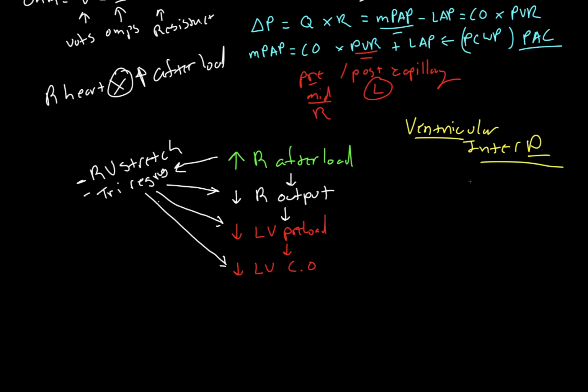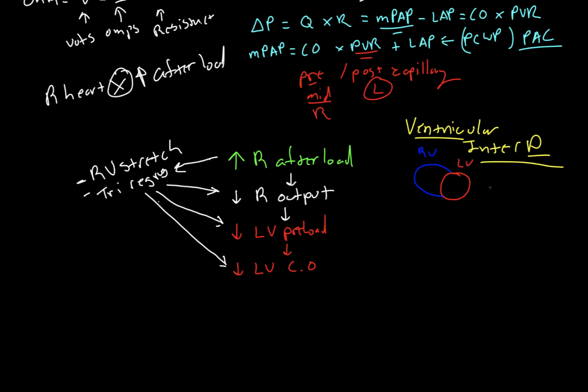So if you were to look at the heart from, let's say, the atria down, right? You have your left ventricle here. It'll look a little bit like a circle, and you're going to have your right ventricle here, which will look like a crescent. If you did an ultrasound of the heart, we'll say this is our RV, and this is our LV.